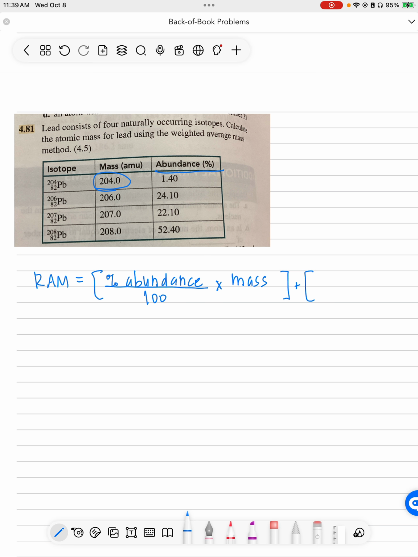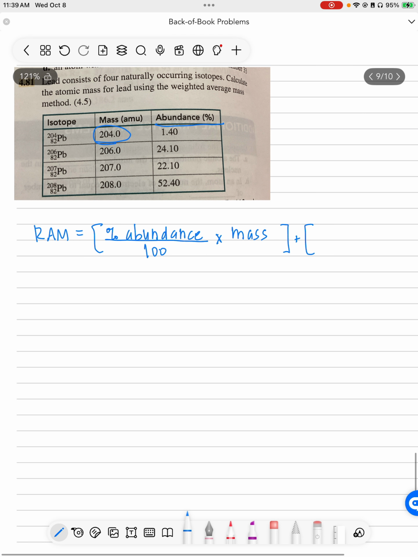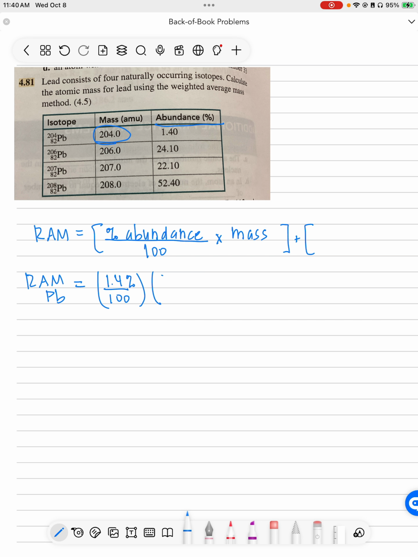So let's do this for lead. All right, so we do our relative average mass for lead. And one way I can remember lead as being Pb is I don't want lead in my PB&J sandwich. That's how I memorize lead, just so you know. So I'm going to put, we have a 1.4% abundance divided by 100. And we're going to multiply that by that mass, which is 204.